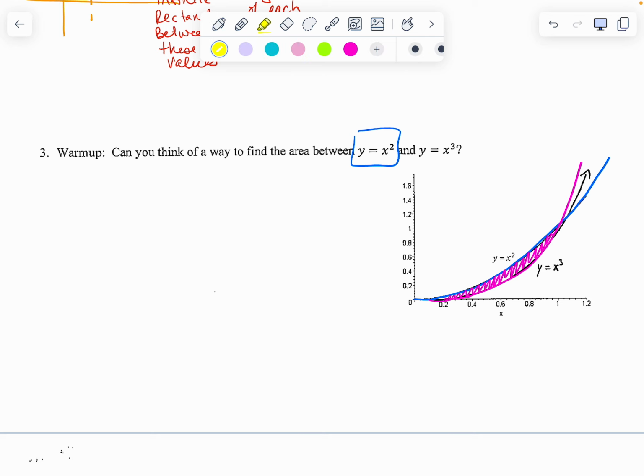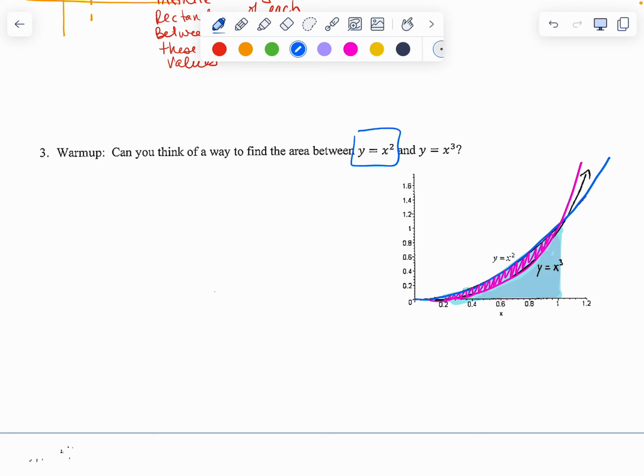So geometrically, I'm thinking about the area under the blue curve, and I don't want all of it. I only want the part that is in pink.